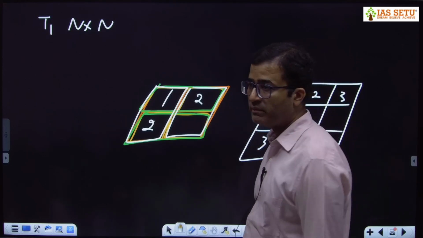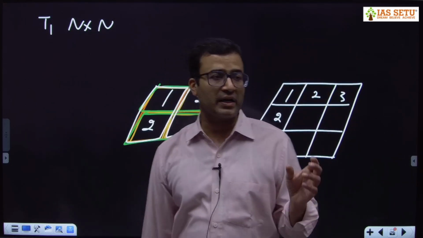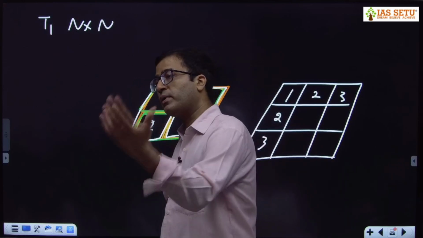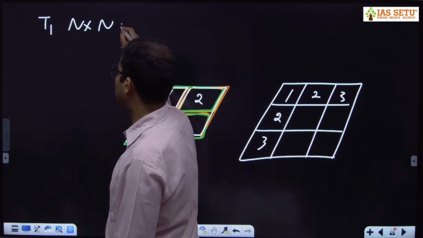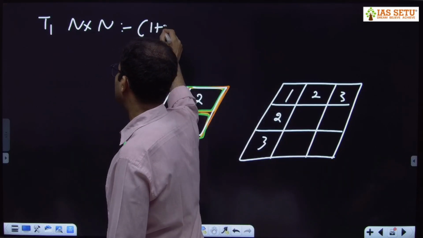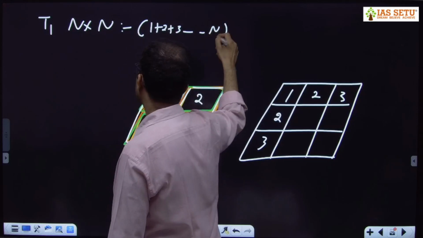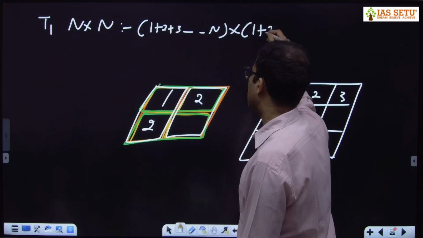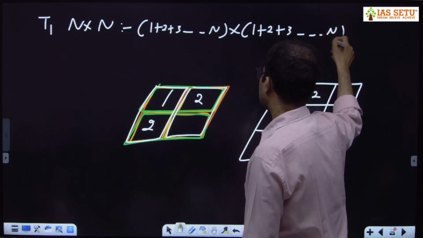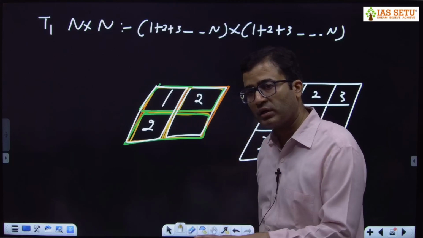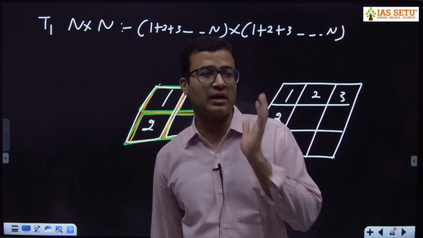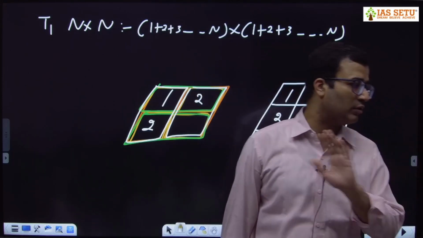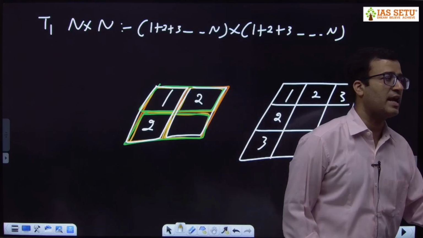So if it is an n by n figure, how can we find the number of parallelograms? You apply the rectangle short trick. What is our short trick? Bracket start 1 plus 2 plus 3 up to n, into second bracket start 1 plus 2 plus 3 up to n, because the number of parallelograms is the same, only the angle differs. Rectangle and parallelogram do not have any difference other than the angle.